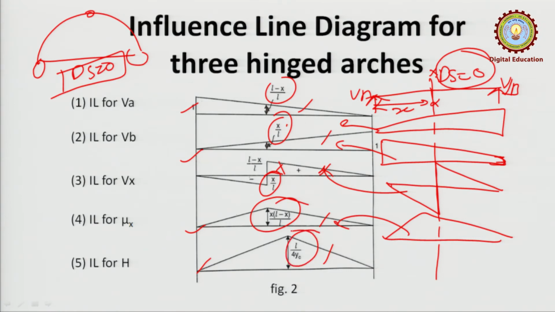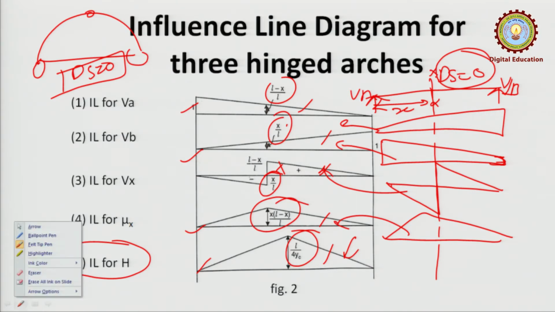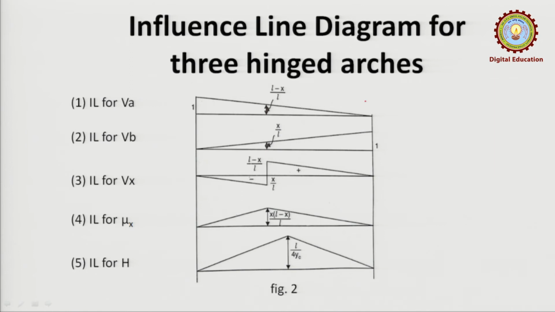What is this value? This is your horizontal thrust. The difference is for horizontal thrust, because when we take a simply supported beam, for example, this is your simply supported beam, there are 2 reactions, there is only 1 reaction.